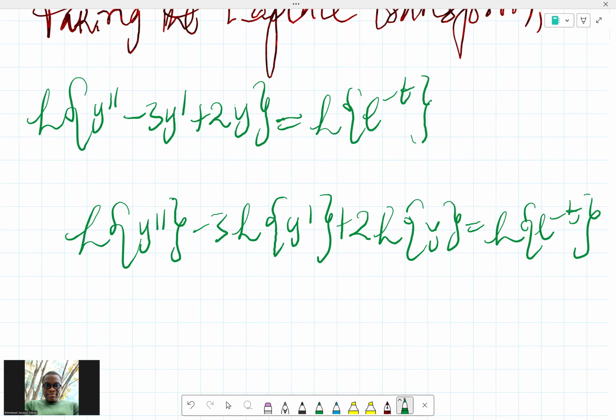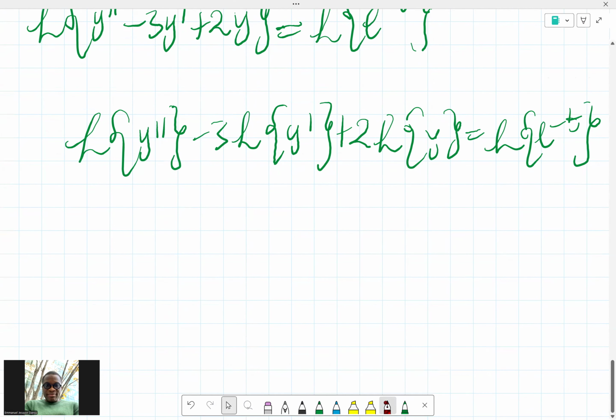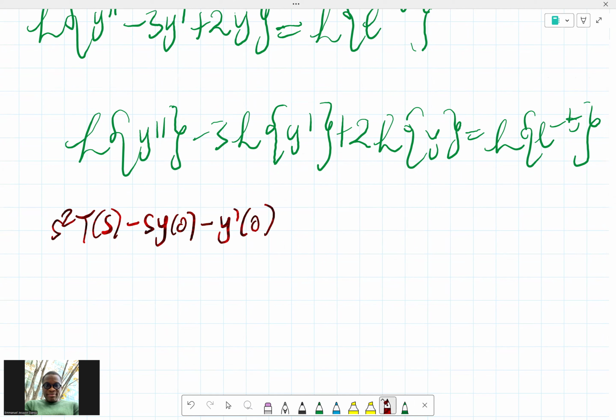This is now s squared y of s minus s y of 0, okay, minus y prime of 0. So you see the power of s decreasing that way. s squared with y of s, then minus s with y of 0, then minus y prime of 0.